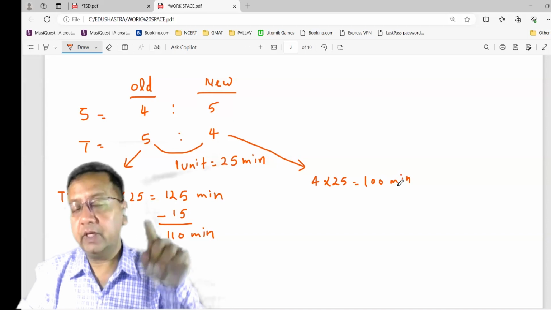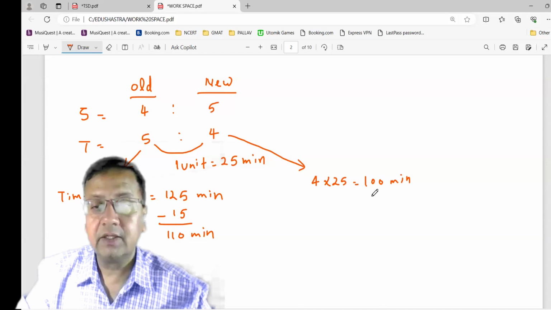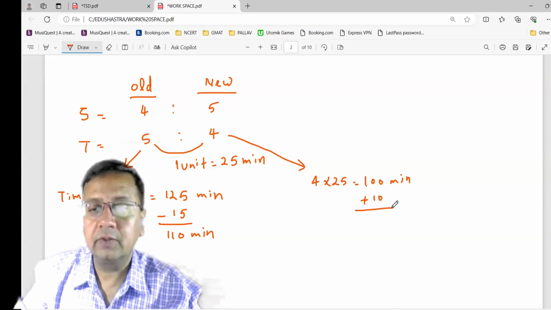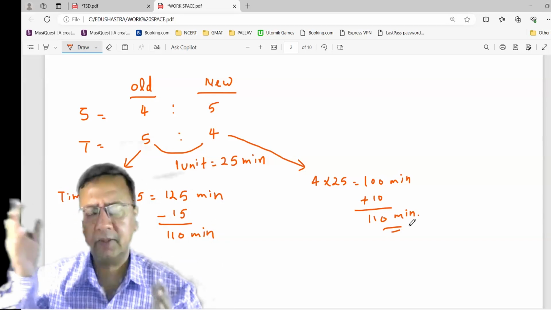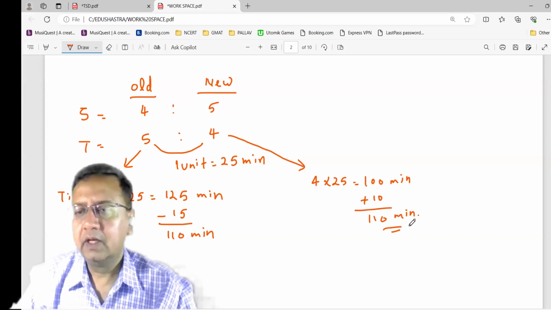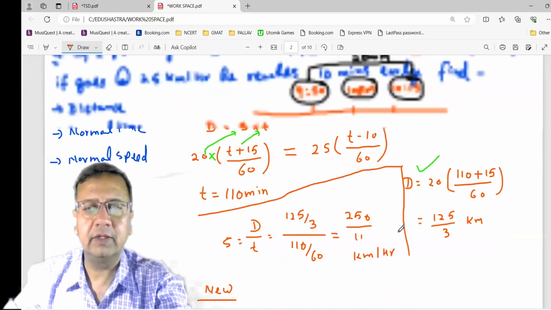Now, when you're going with a new speed, you're reaching 10 minutes early. So adding 10 here, what is your normal time? 110 minutes. So both ways, you can take from the old one, you can also take from the new one. So Shankar, the ratios are taken from here.